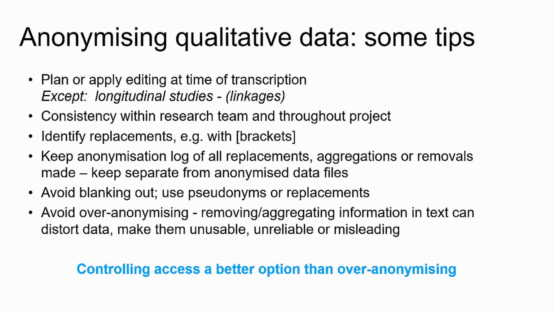But also controlling access to the data. If you are archiving the data with us, for example, you can choose either safeguarded or controlled as opposed to more open data. That's just another way of saying, I can't completely take out everything that would be identifying, so instead I'll control who can actually get hold of this data.